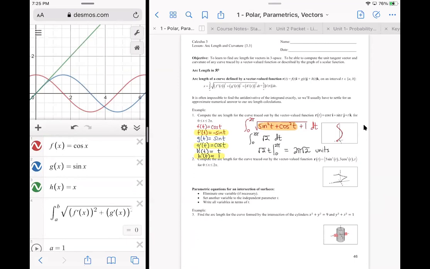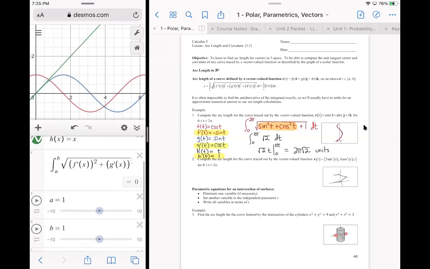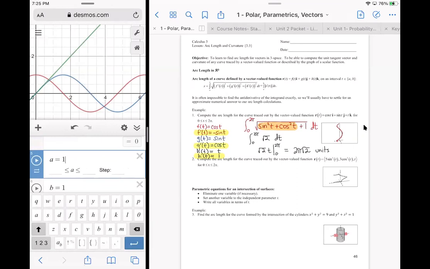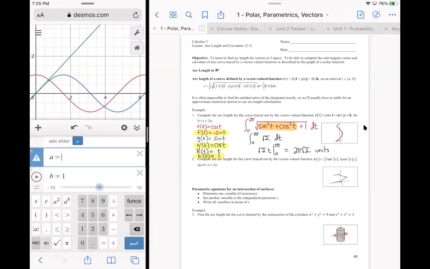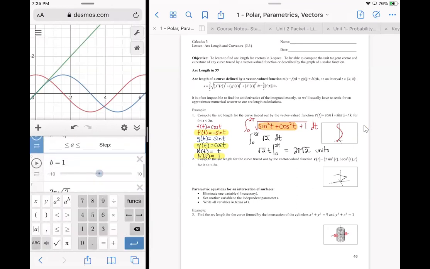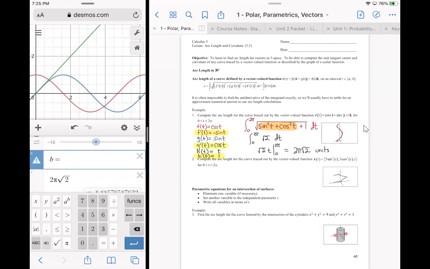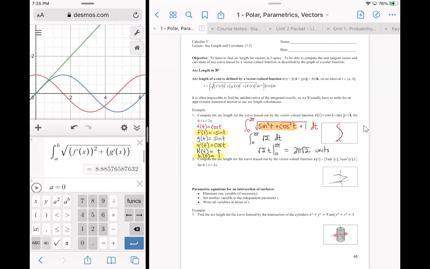I can manipulate my A to be 0 and my B to be 2 pi, and then I go back up and it retroactively computes my definite integral, right?